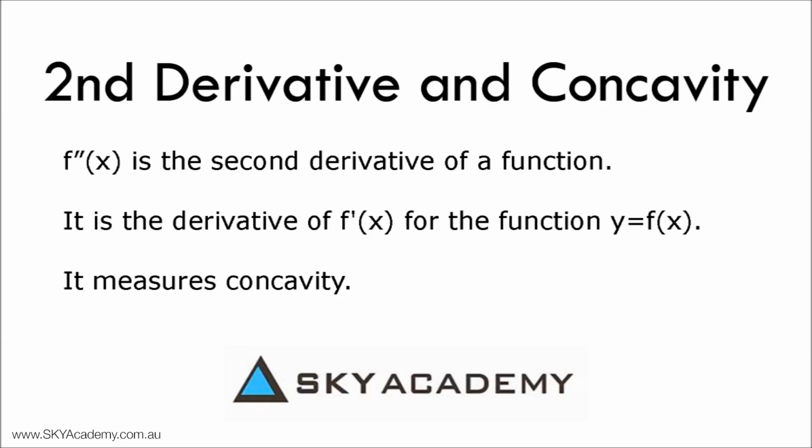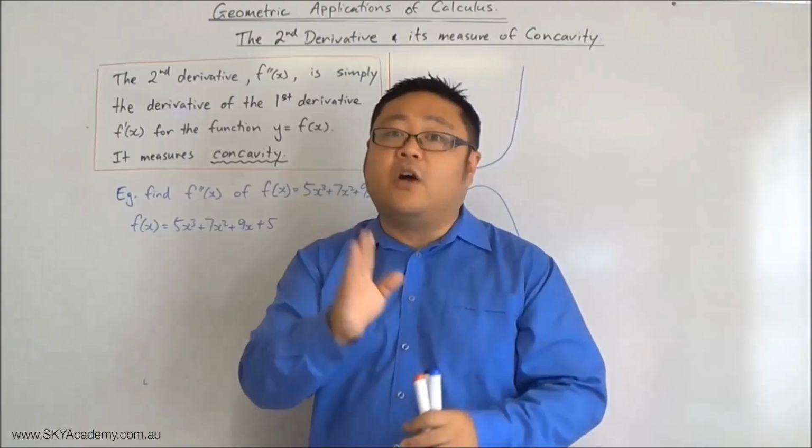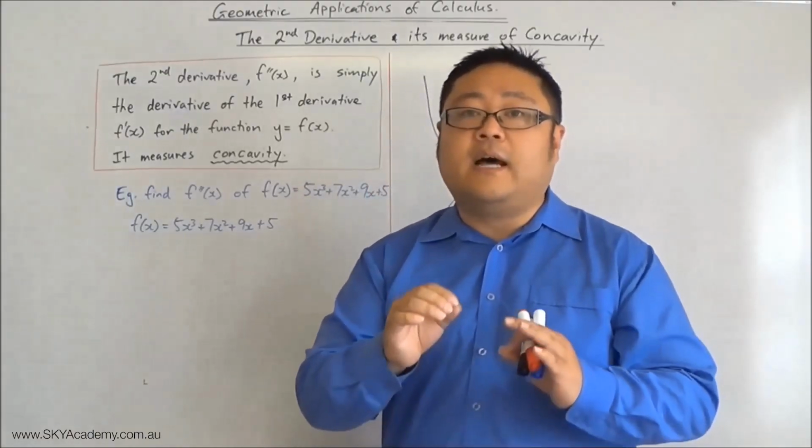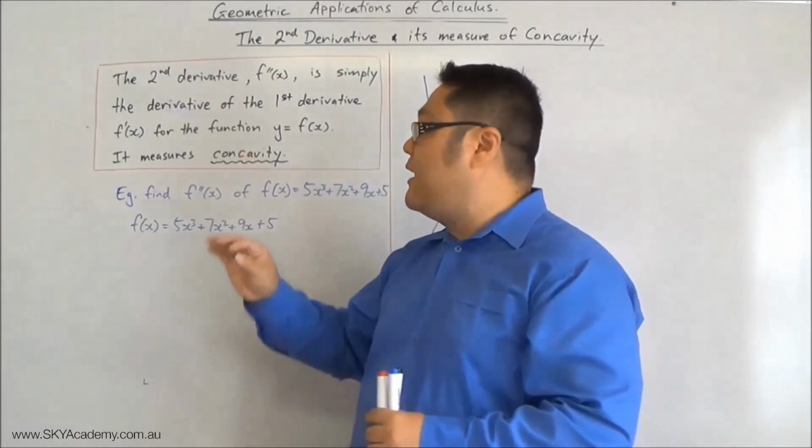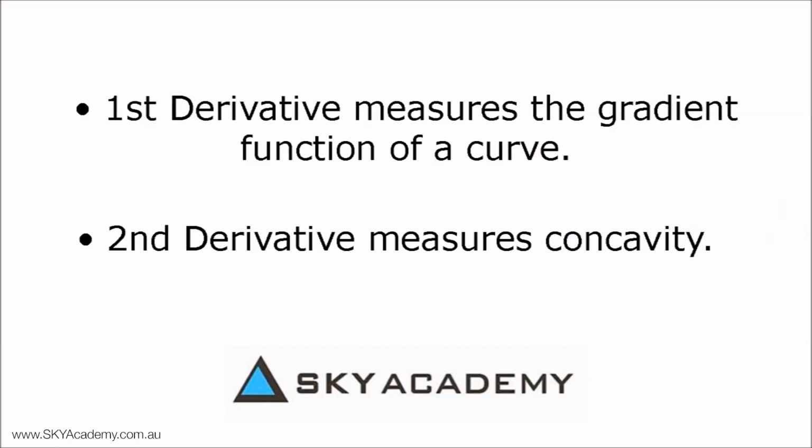The reason why we want to know the second derivative is that it measures concavity. I'll go through what concavity is a little bit later in this episode, but just know for the time being that the first derivative measures the gradient function of a curve, and the second derivative measures concavity.